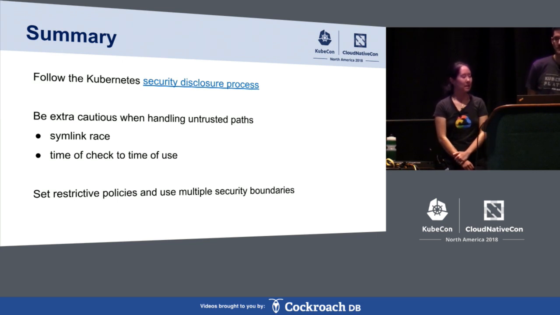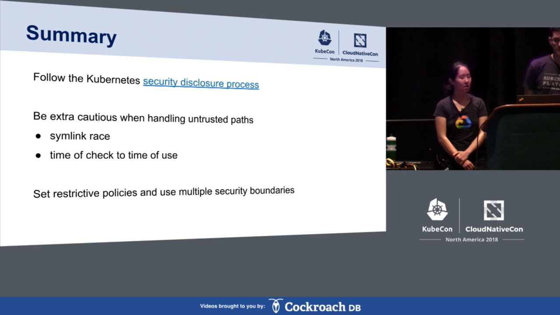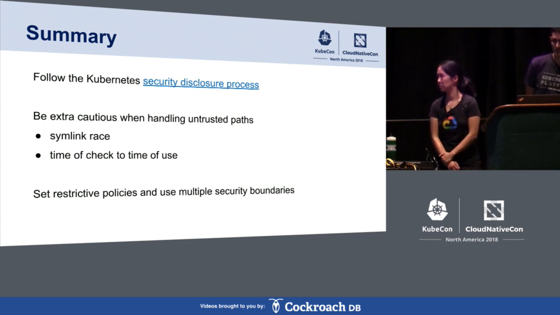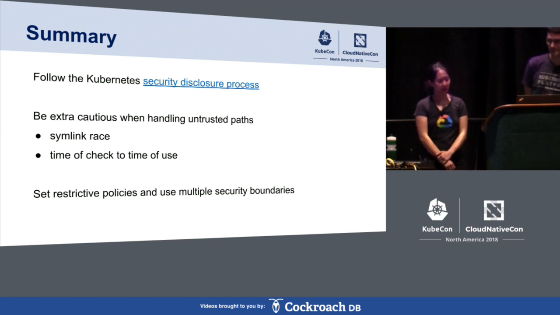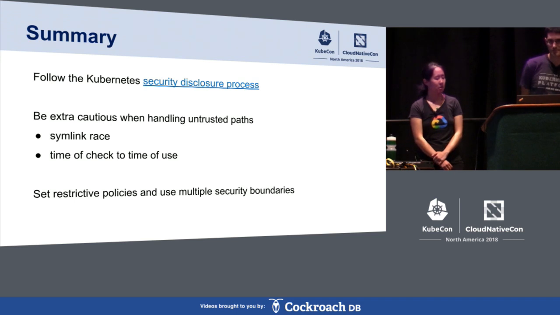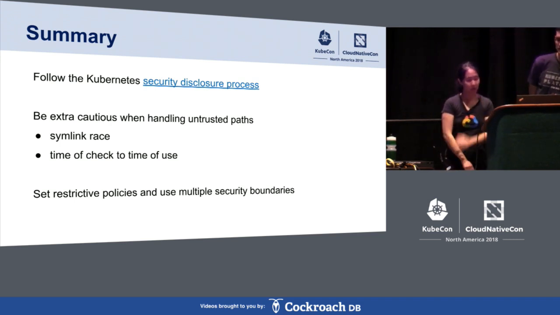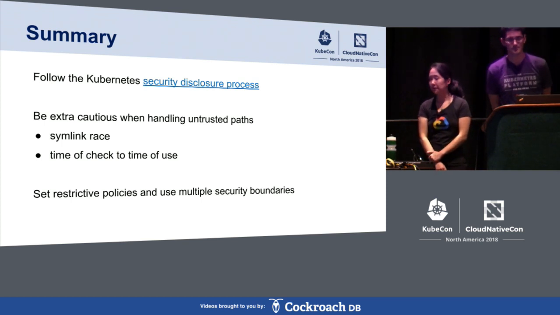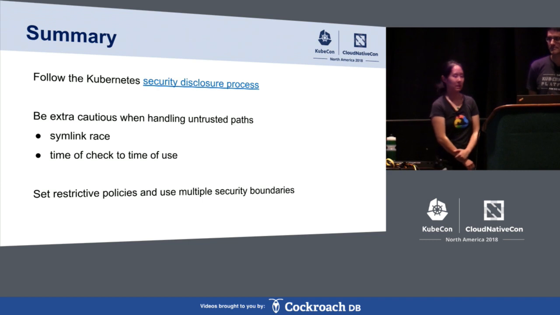We detailed today 2 common vulnerabilities, a symlink race and a time of check to time of use race. And lastly, set restrictive policies in your Kubernetes clusters by default and design your applications to provide multiple security boundaries. Vulnerabilities are bound to happen, so the best mitigations you can take are to have multiple layers of defense.